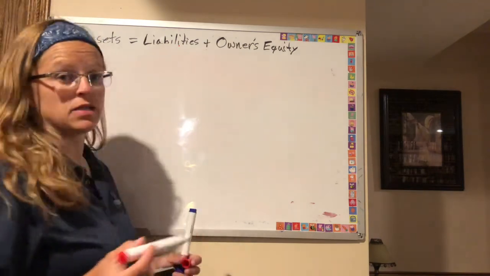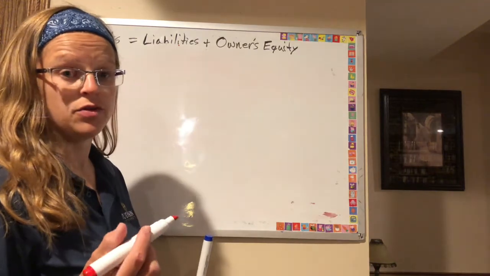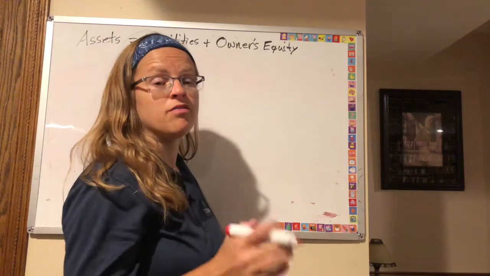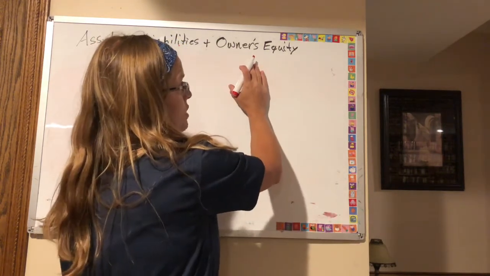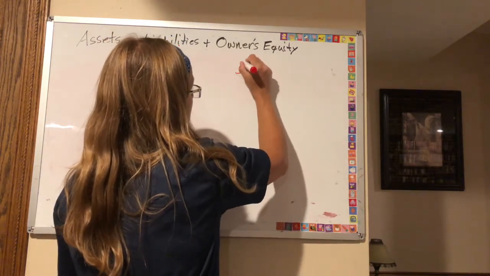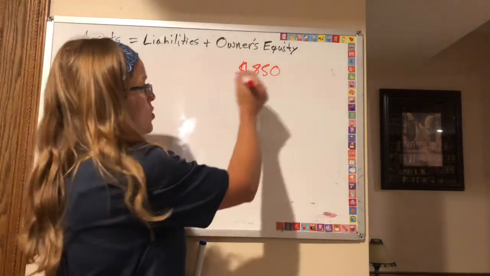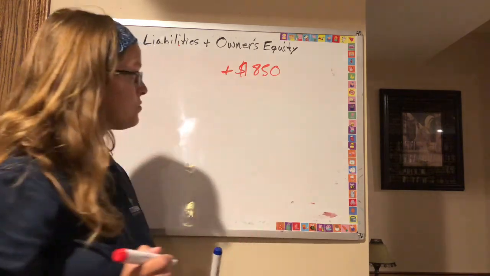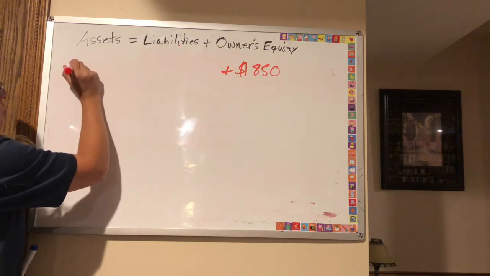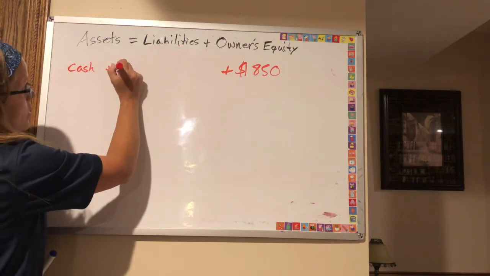So Ann opens up for business, and the first day she makes $850 in revenue. Now the revenue account will be under owner's equity because that's part of net income, and net income goes into the owner's equity statement. So $850 is an increase in the revenue account, and cash was paid, so our cash account increases by $850.